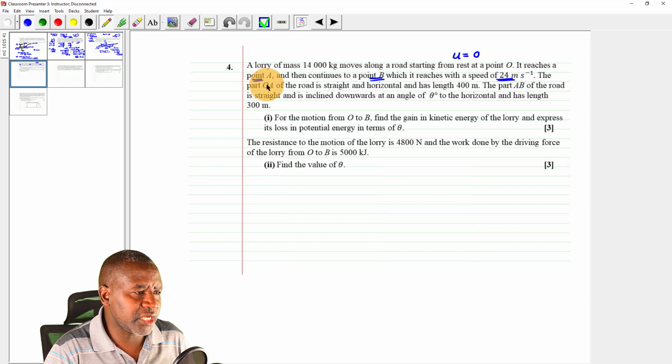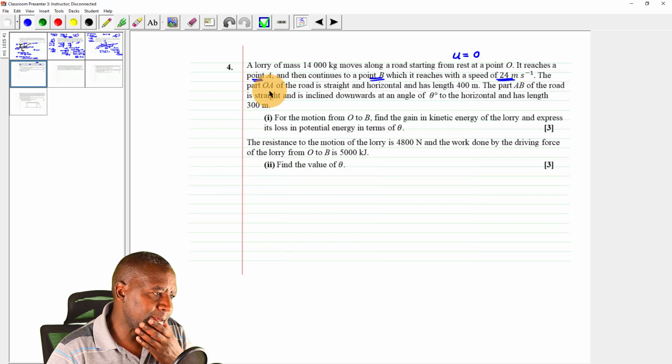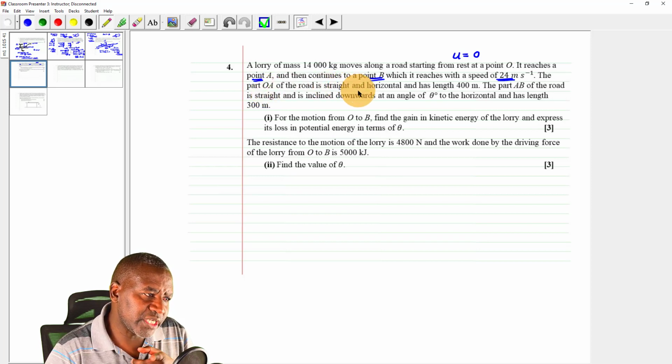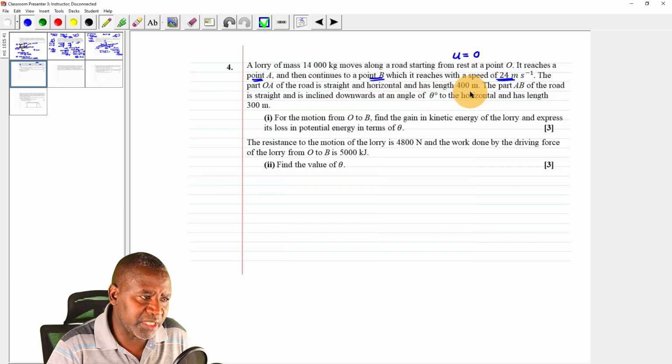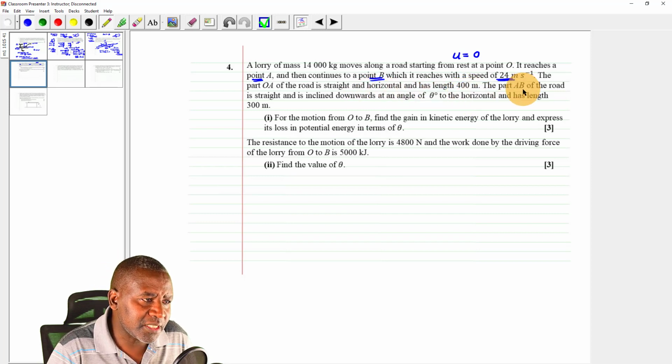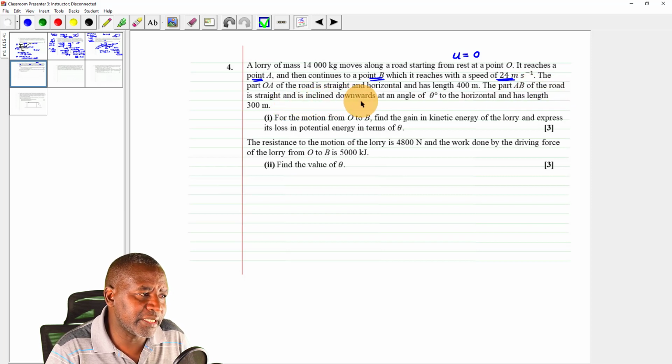There is point A. We haven't been given much information about point A. The part OA of the road is straight and horizontal and has length 400 meters. The part AB of the road is straight and is inclined downwards at an angle theta to the horizontal and has length 300 meters.